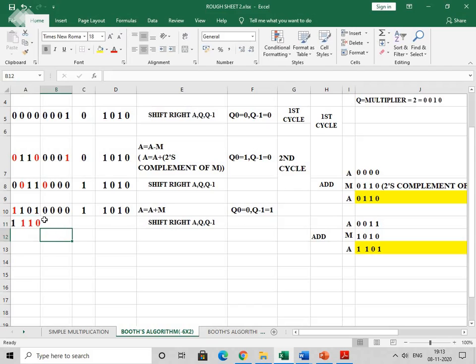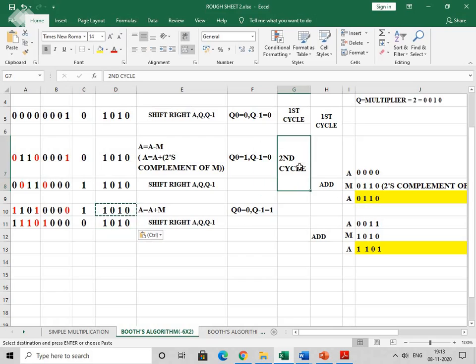Now this one you are going to shift here, 1 0 0. So this has been right shifted. Now this 0 will come here, and M will remain as it is. So this is your third cycle.